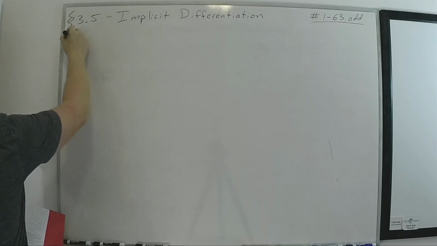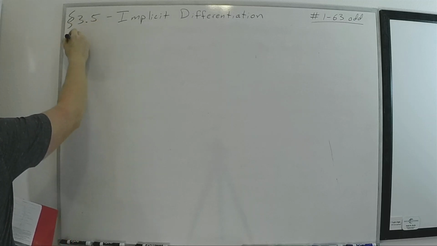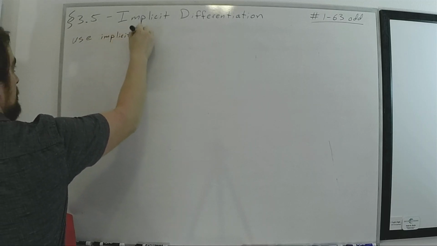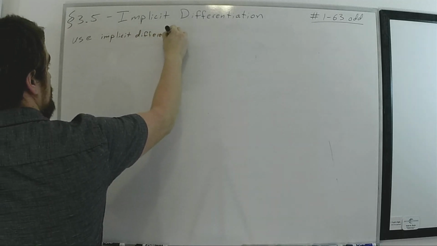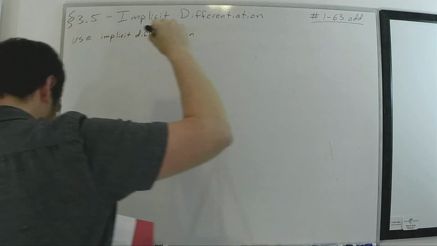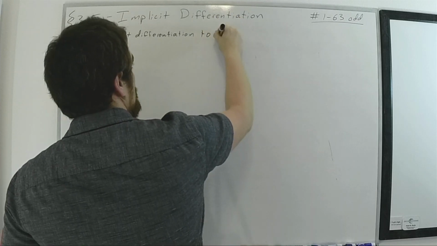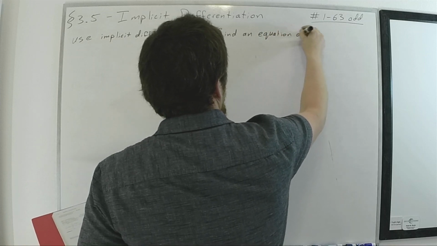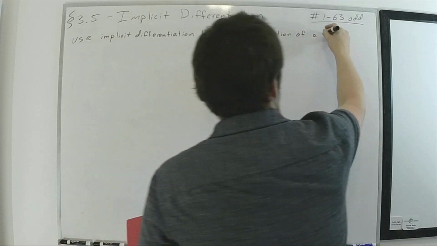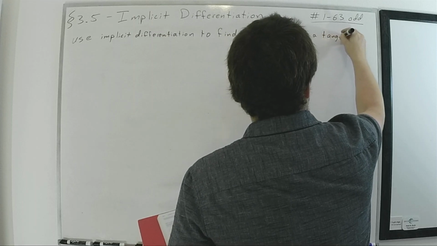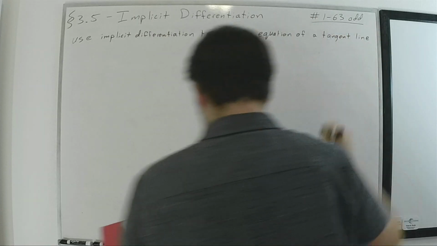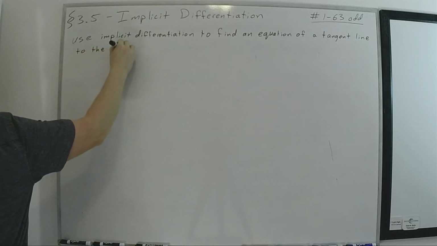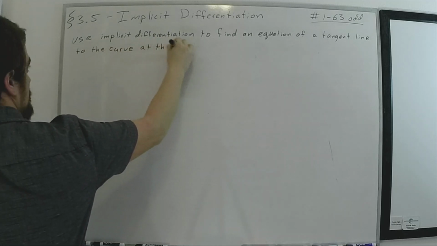So let's look at one where we look at the equation for the tangent line. We're going to use implicit differentiation to find an equation of a tangent line to the curve at the given point.